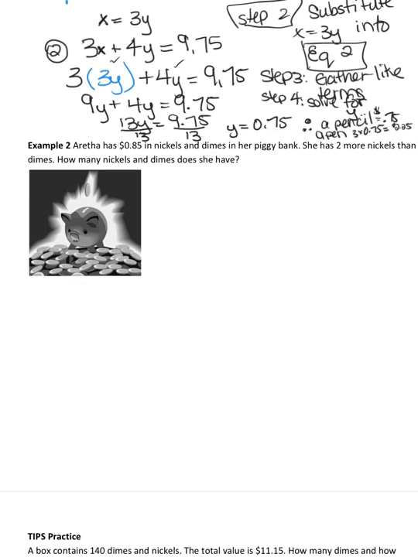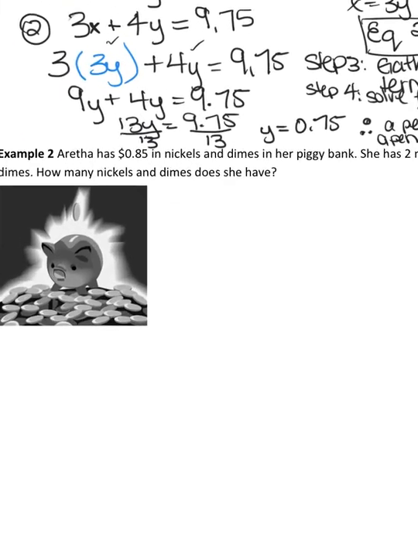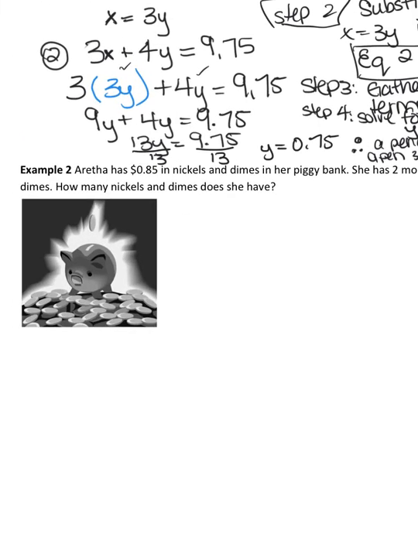So the first equation is going to have to deal with how much each of these pieces are worth. Whenever we're dealing with a money question, we are asking how much is each piece worth?